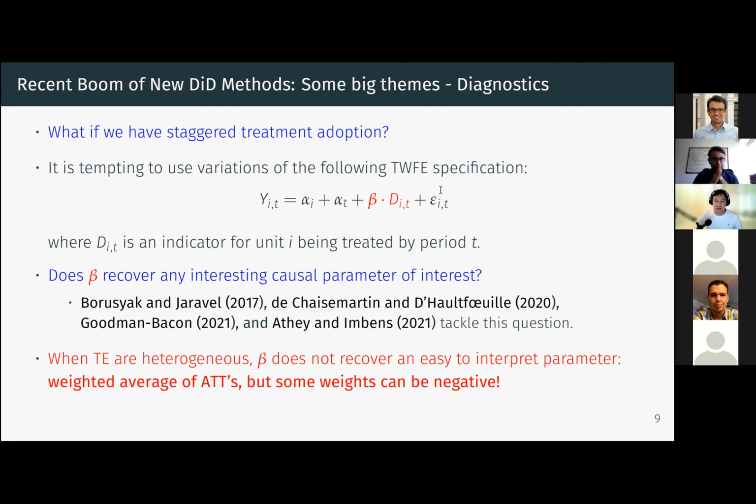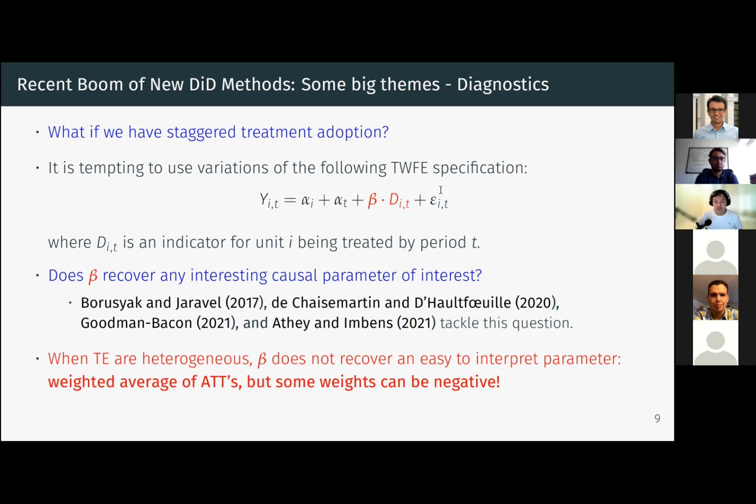And trying to answer that question has been one of the most active areas of research in the last 4 years or so. There are several papers tackling this problem. Borusyak and Jaravel, and they have a new version, Borusyak, Jaravel, and Spiess, 2021. But I'm citing here the early one just to make sure the time frame is correct. But they were way early.